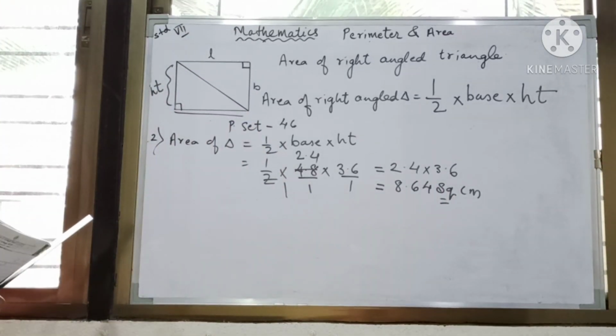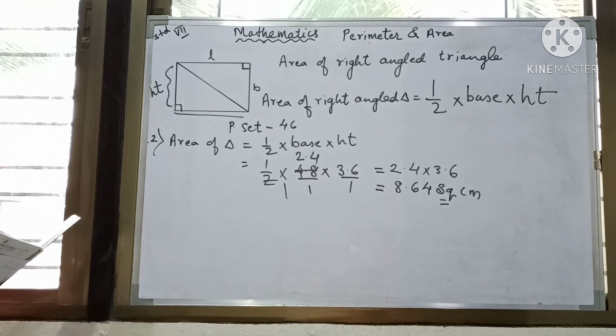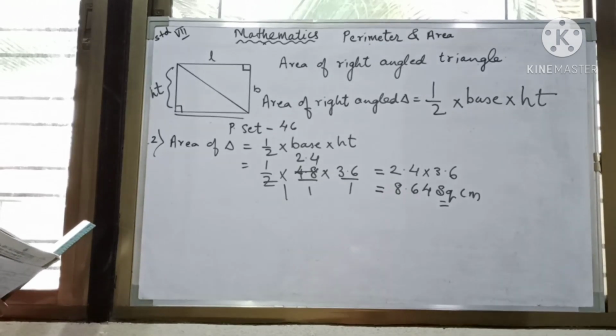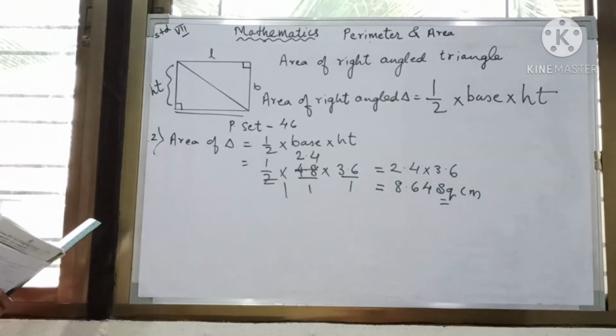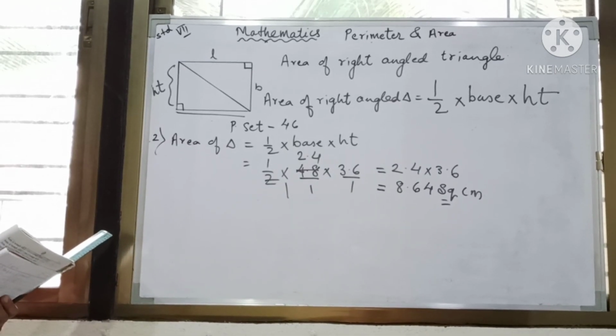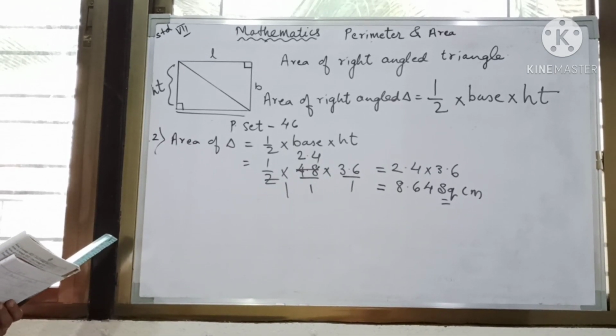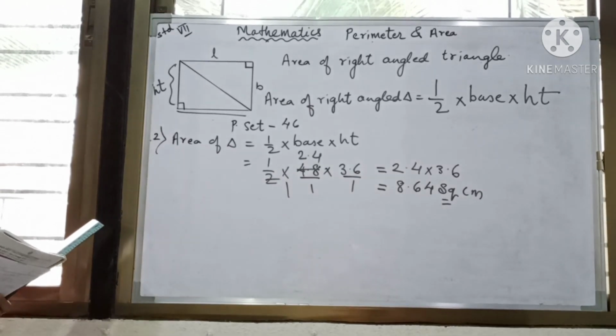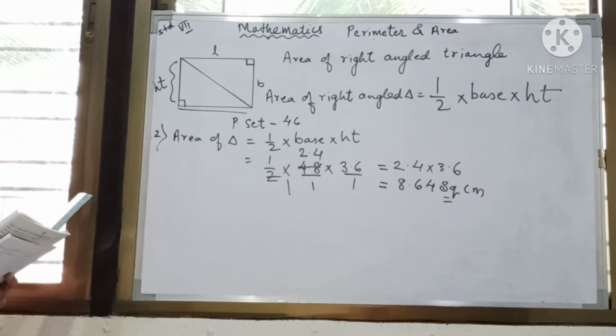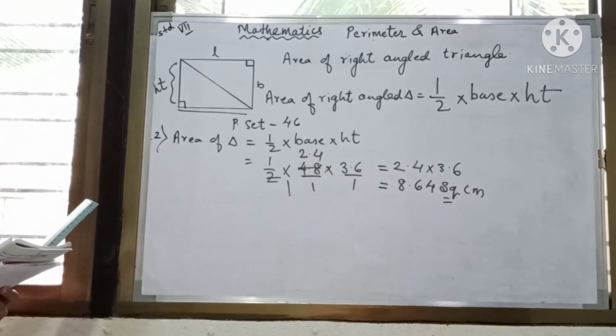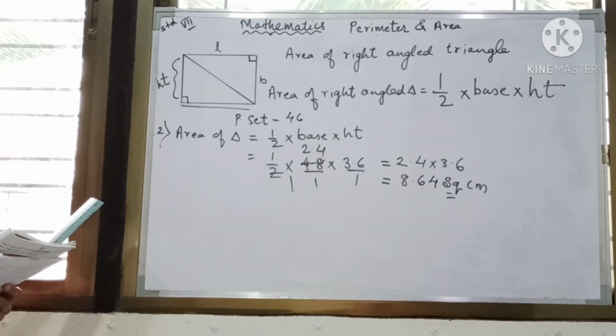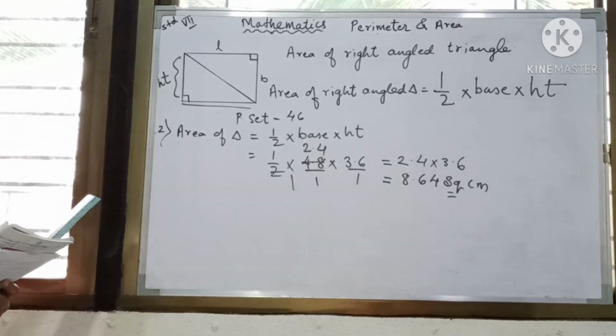The third sum: what is the value of a rectangular plot of 75.5 meters long and 30.5 meters broad at the rate of 1000 rupees per square meter? They have given you the length and breadth of the plot, and they have given you the rate per square meter.